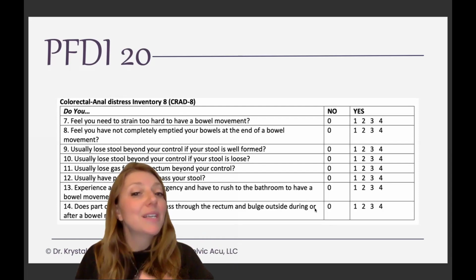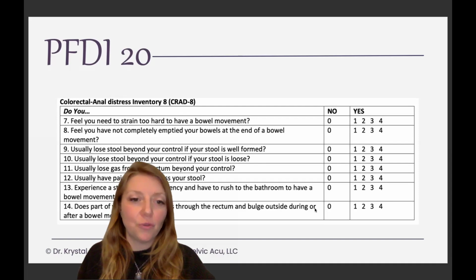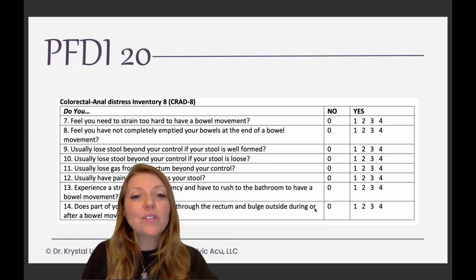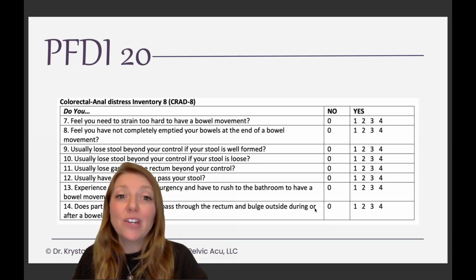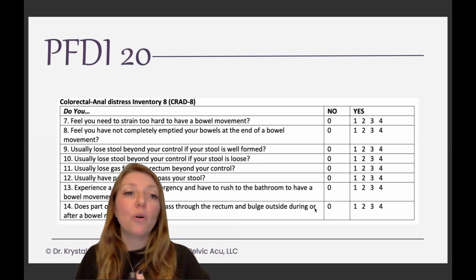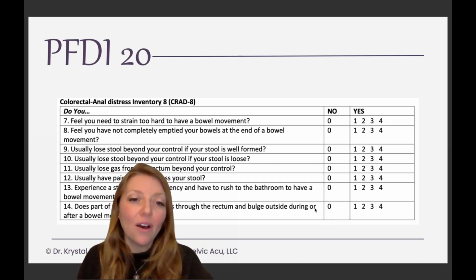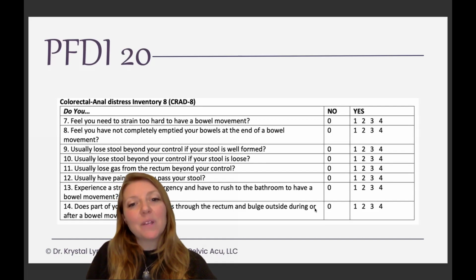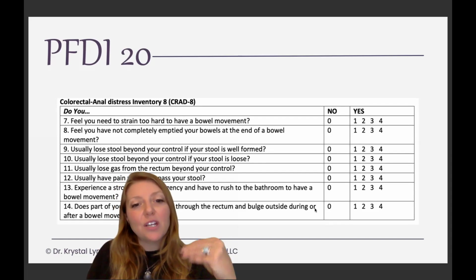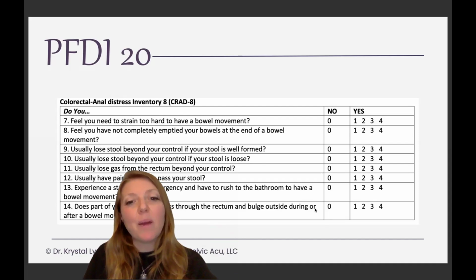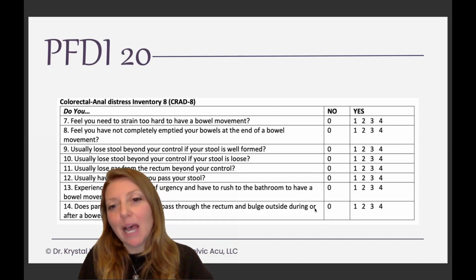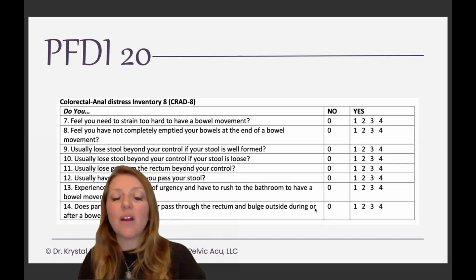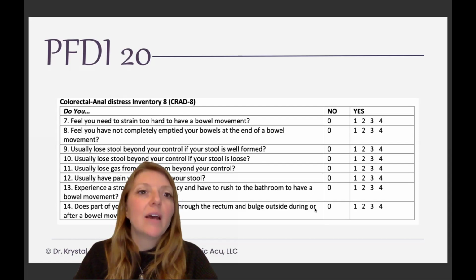Do you usually lose gas from your rectum beyond your control? Do you usually have pain when you pass your stool? All of these questions give us information about the colorectal anal health. Urgency is another one. And then once again, does part of the bowel ever pass through the rectum or bulge outside? So these are really important questions for clients that are having this type of distress.